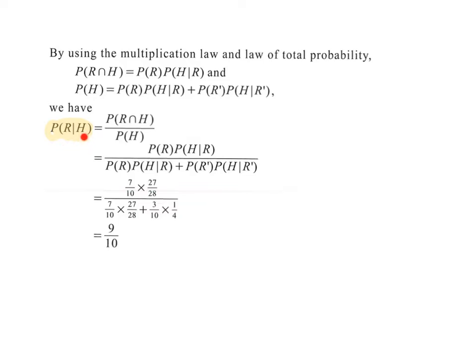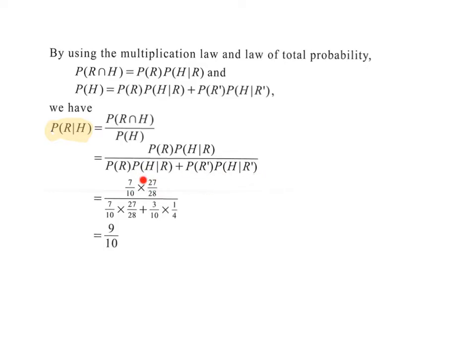So given that you passed the test and that the student has done the revision, we can use the multiplication law, and then we can rewrite it for the probability of history. That means the test he has passed. That can come from two groups of students. One group is those who have done revision, and another group is those who haven't done the revision.